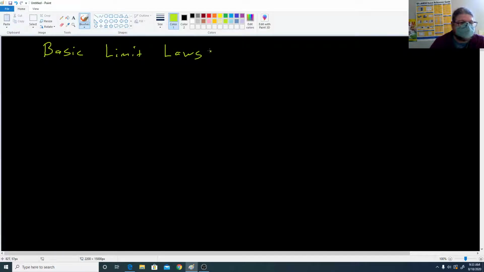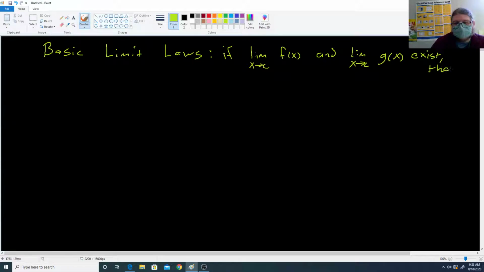For all these basic limit laws, what we need is that the limit as x approaches c of f of x and the limit as x approaches c of g of x exist, then we get the following laws.